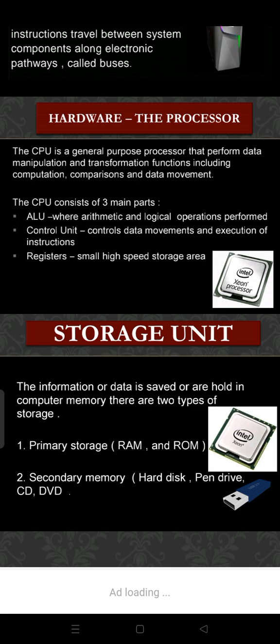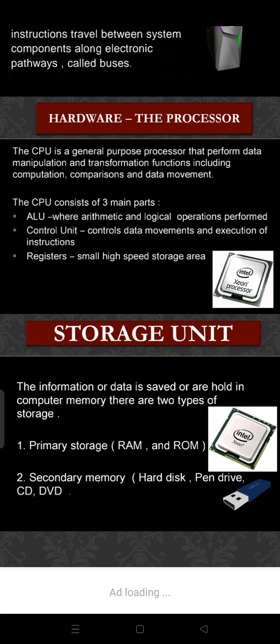and data movement. Now, the brain of the computer, or the CPU, consists of three main parts. These parts are, first, the ALU, which is the arithmetic logical unit, which performs arithmetic and logical operations in the computer.